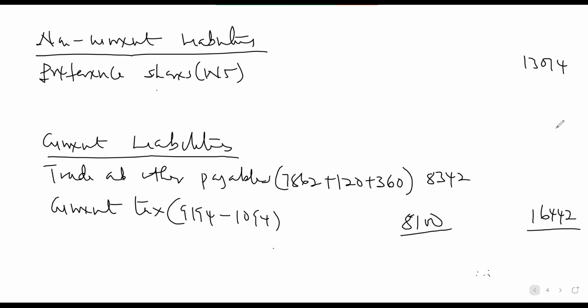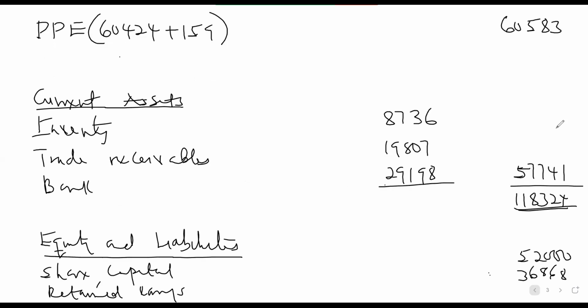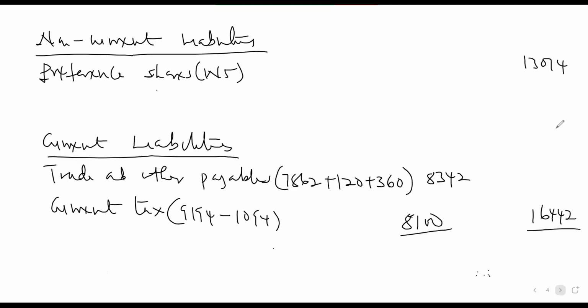Okay, plus 13,104 plus 52,000 plus 36,868. 118324. It's a very interesting and very simple question. But the simple over here might be relative depending on who is saying it.